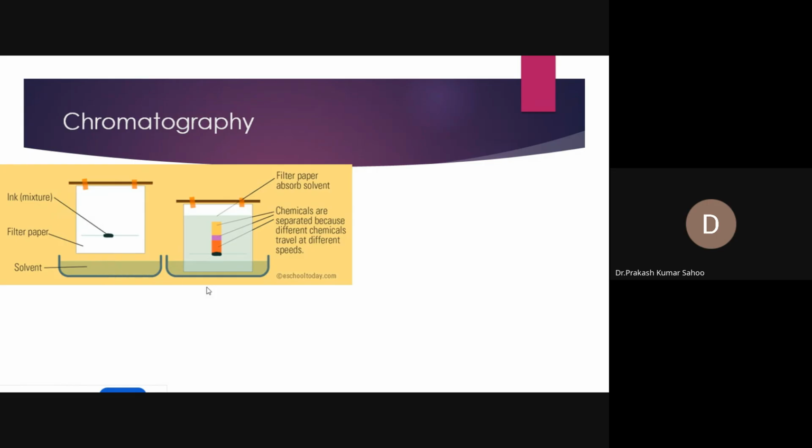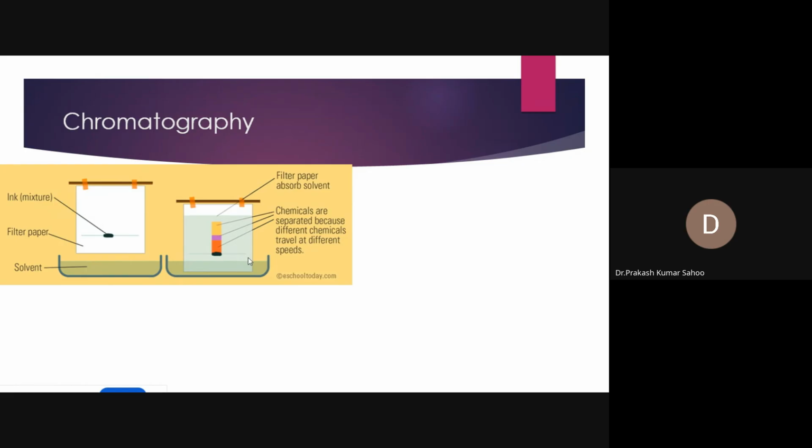If you put your chromatogram or paper inside this solvent, then gradually the solvent will go up because the paper will get wet. With the solvent, the different components present inside the mixture get separated one by one depending upon their attachment to the solvent.